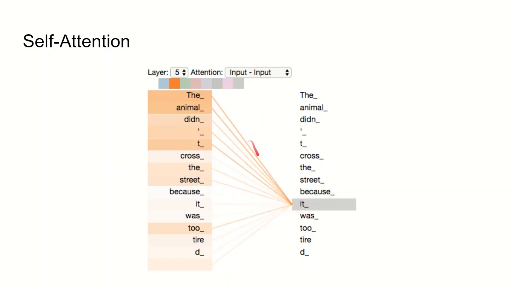And it's also important to our network that it's the animal that didn't cross the street. But with this, we're able to know what "it" means and what function it plays in the sentence rather than just using the vague definition of the word "it." So self-attention allows us to use the context of the entire sentence to understand what each word means in this particular sentence.